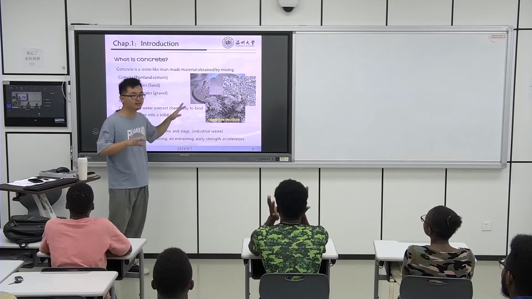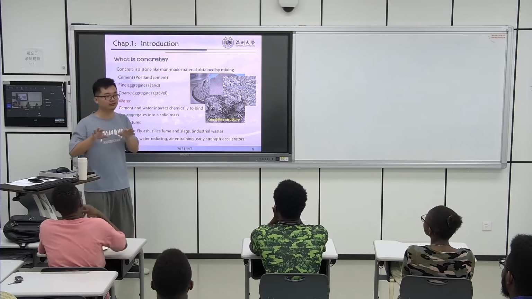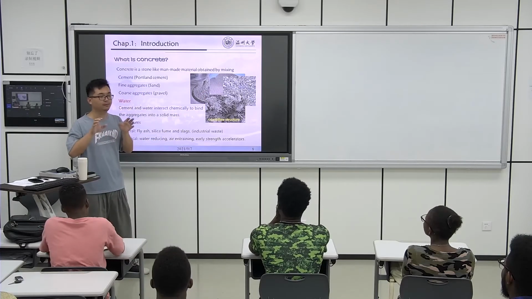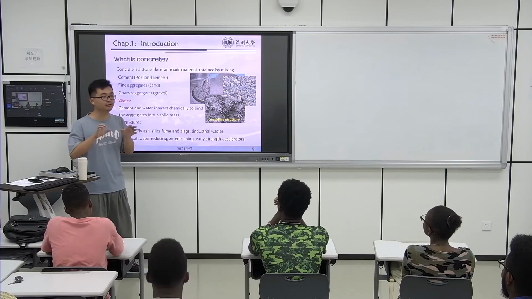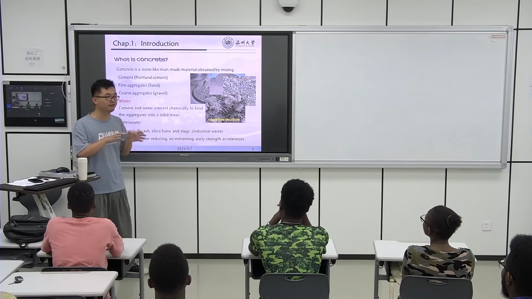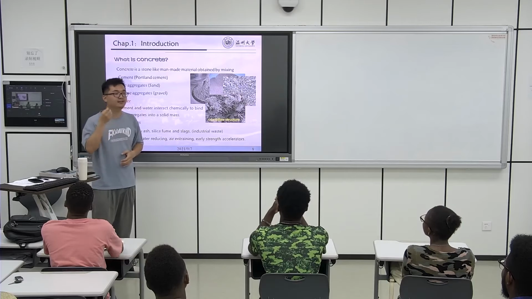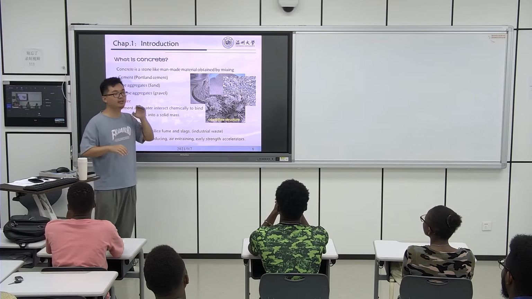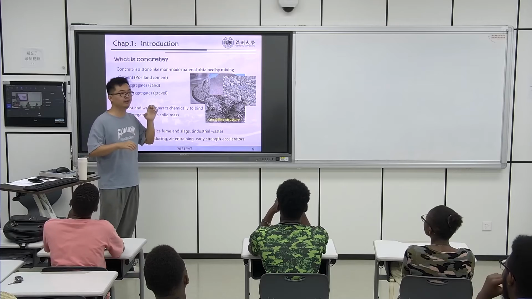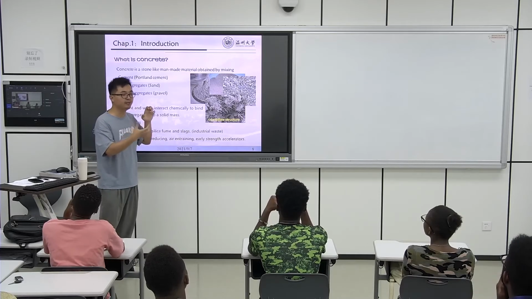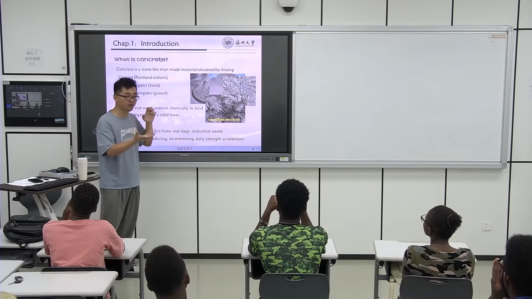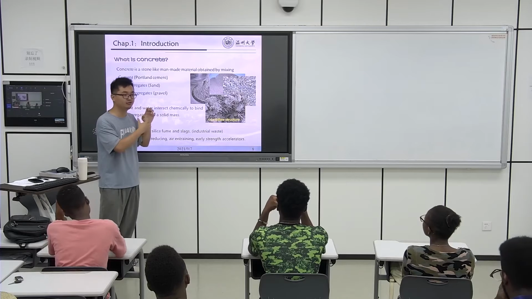But it will be introduced in another course, the materials course for civil engineers. And here we just use a grade like C15 or C17. This grade means that with this mixture ratio, the concrete can reach this strength.